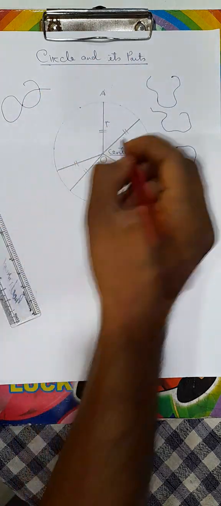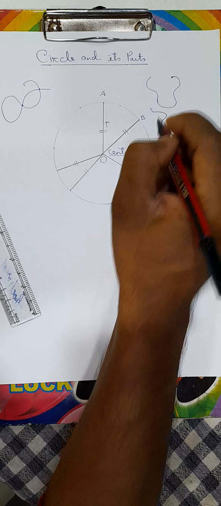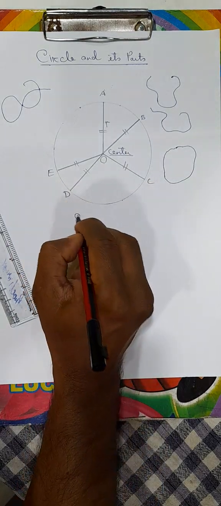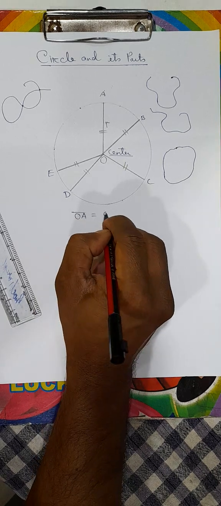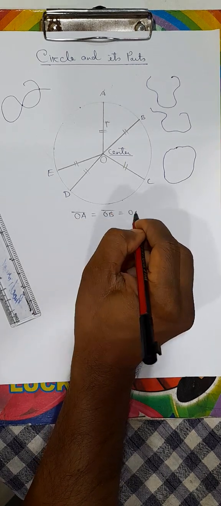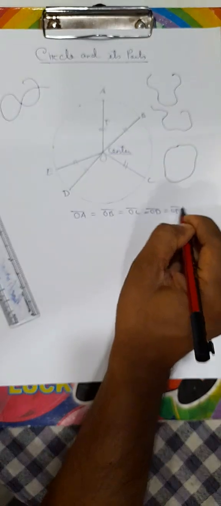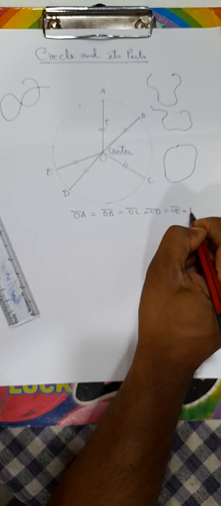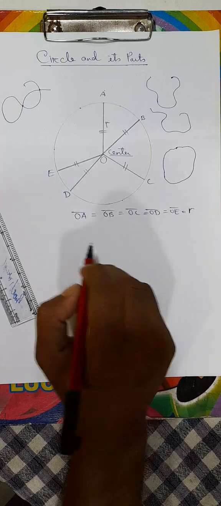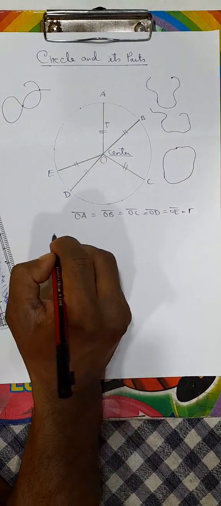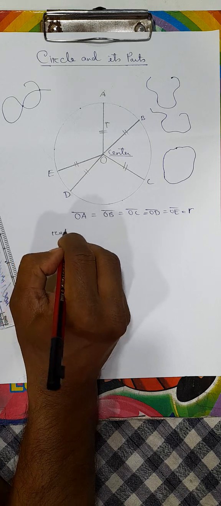So if you consider these points, say B, C, D, E, etc., we find that OA equals OB equals OC equals OD equals OE, etc. All these are equal to R. Now these lines are called radii. It is the plural form of radius.